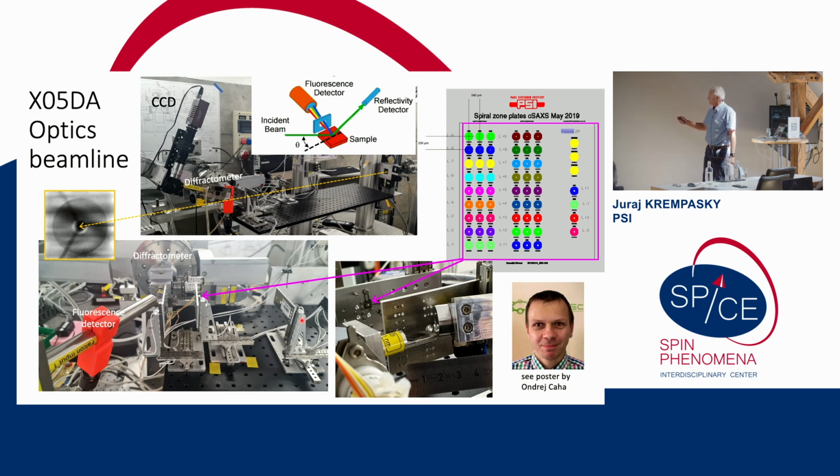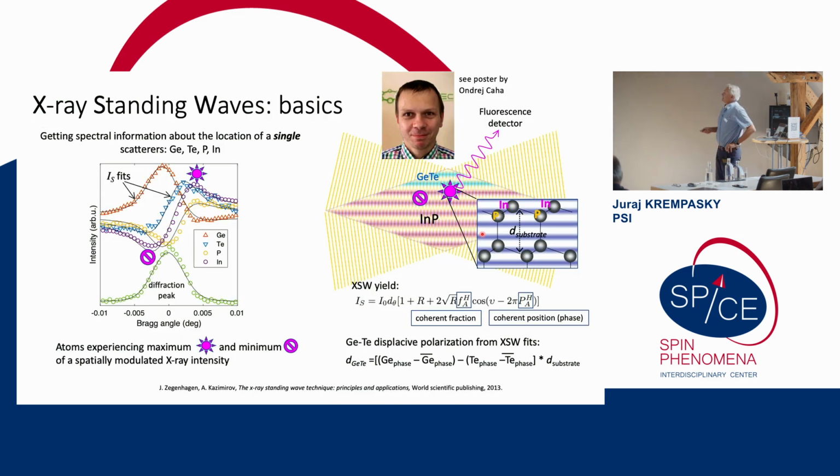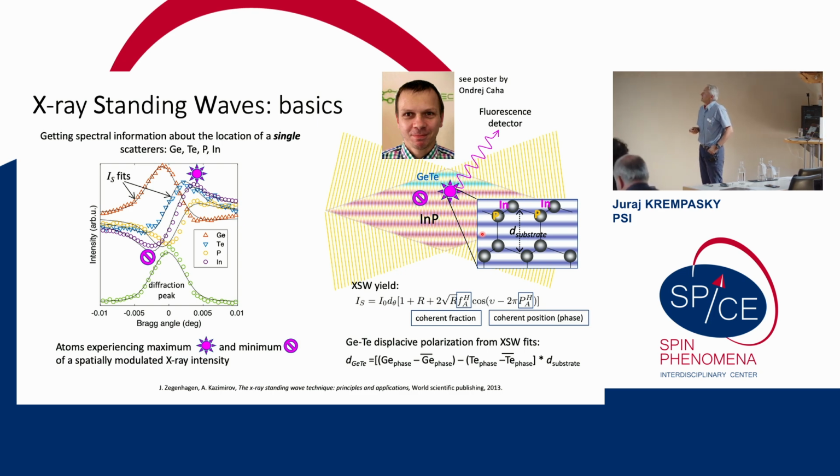So eventually I realized that I have beamlined all the experimental equipment needed for the standing wave experiment, which is basically a fluorescence detector, a nice diffractometer, these beautiful fine mechanical stages, and eventually this array of spiral zone plates by Benedict, where I can set the OAM I'd like. And this is another busy slide. Again, I'd like to refer to Andrei's poster today.